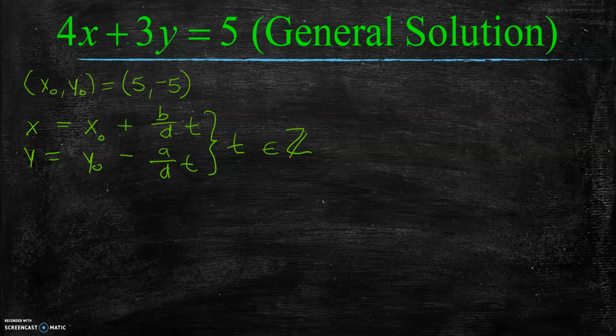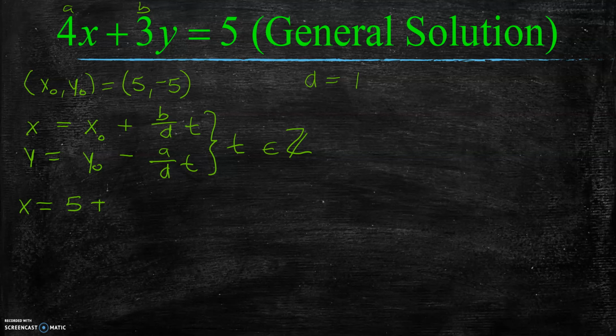So let's plug in our numbers. x equals 5 plus our b, which was 3. So these are a, b, and we know that d, which was our GCD, was 1.